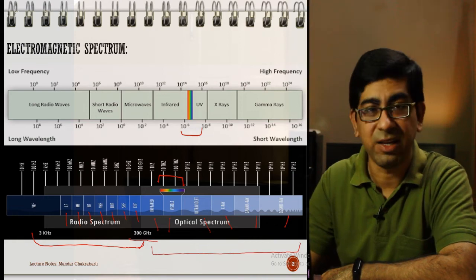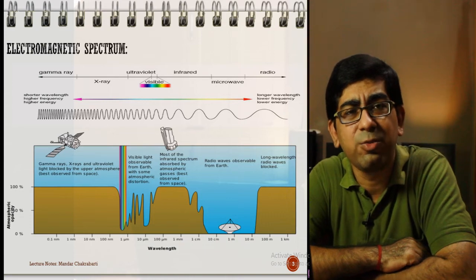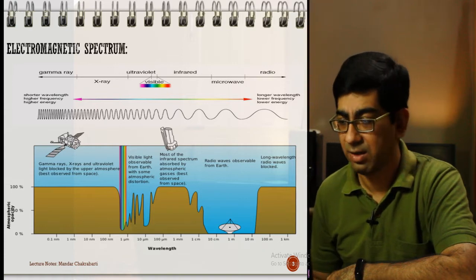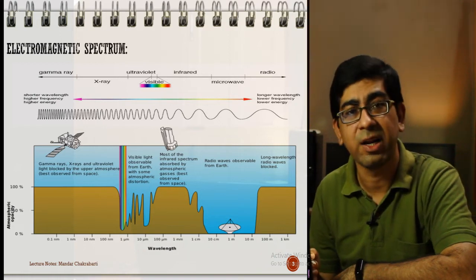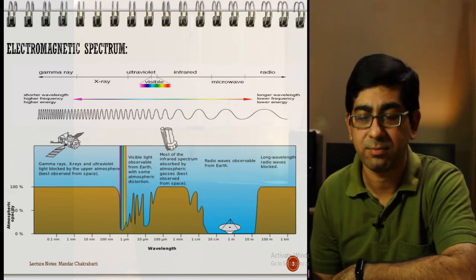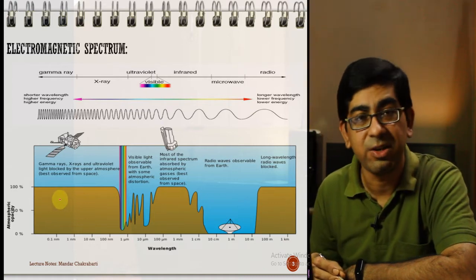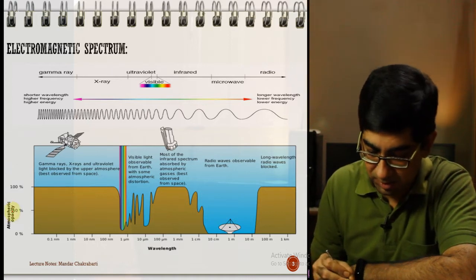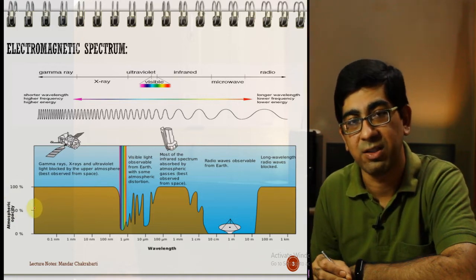Now let me look at something else. Let us consider how the electromagnetic spectrum interacts with the atmosphere of our Earth. You see, the image over here shows the portions of the electromagnetic spectrum which are actually able to pass through the Earth's atmosphere. The brown portions mark the range of frequencies which are not able to pass through the Earth's atmosphere. So you can see, these frequencies are blocked by the Earth's atmosphere.